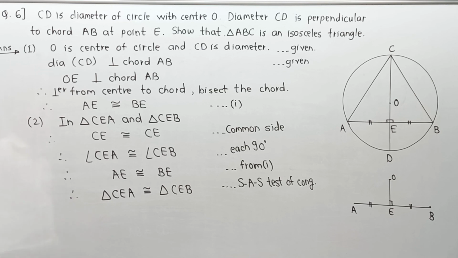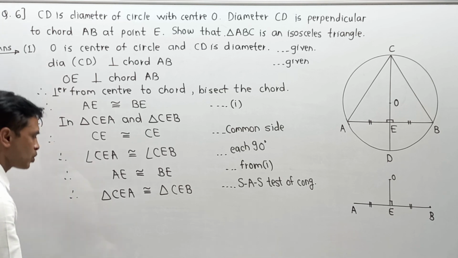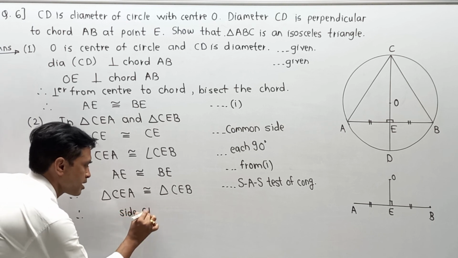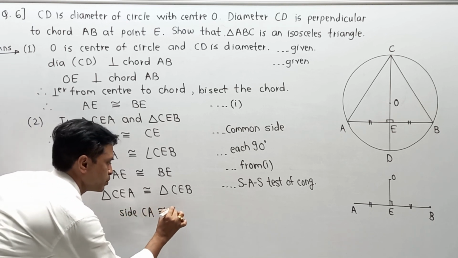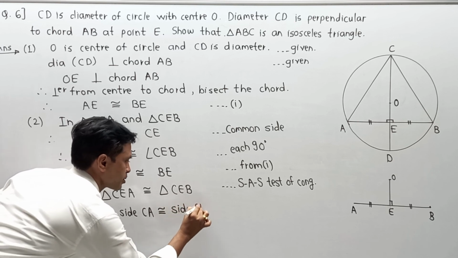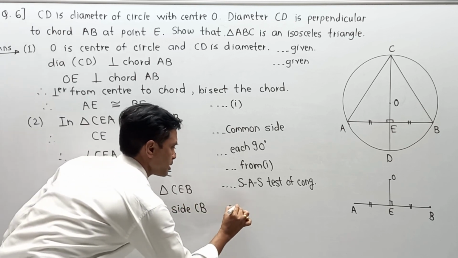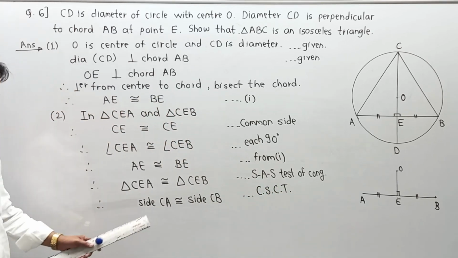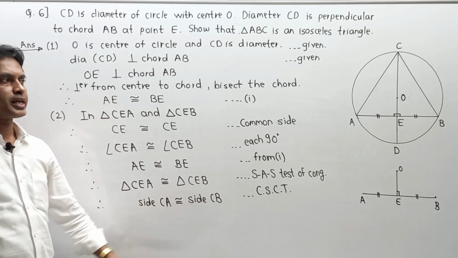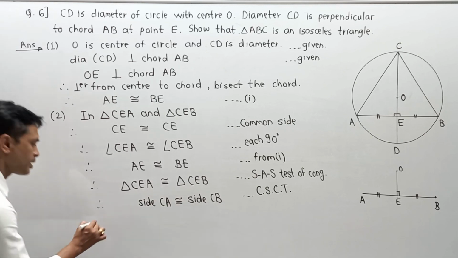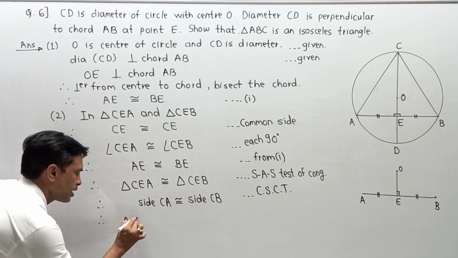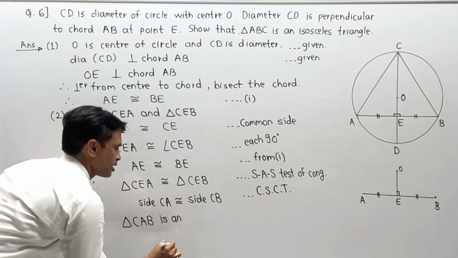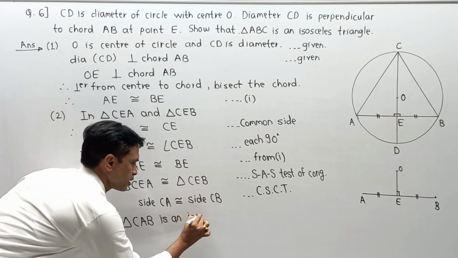Naturally we can write CA is congruent to CB, or side CA is congruent to side CB. Reason: corresponding sides of congruent triangles. As CA is congruent to CB, therefore triangle CAB is an isosceles triangle.